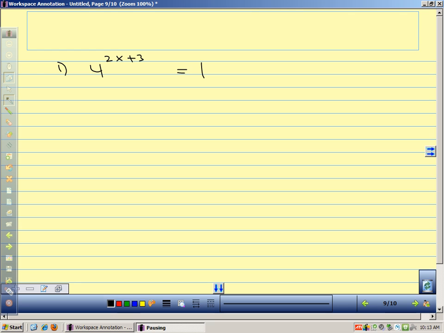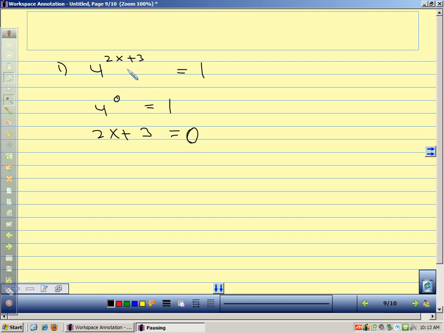If we raise any number to what exponent gives us 1? 0. The only way to get 1 is to raise it to the 0 power. So 4 to the 0 equals 1. So 2x plus 3 has to equal 0. That's what this equation is telling us.